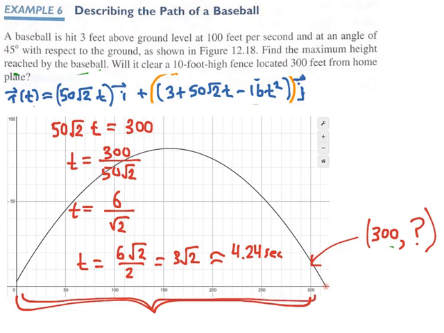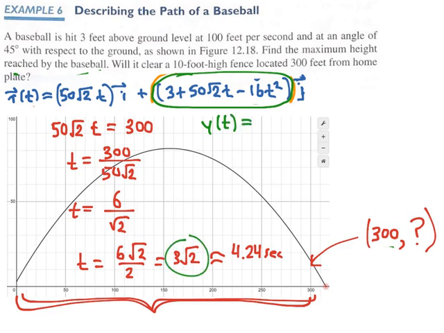What is the height of the ball at that time? And specifically, we want to know, is the height of the ball more than 10 feet at that time? So what we do is we're going to look at the vertical component of the position vector, and we will evaluate it at this time and see what the height of the baseball is at that time.